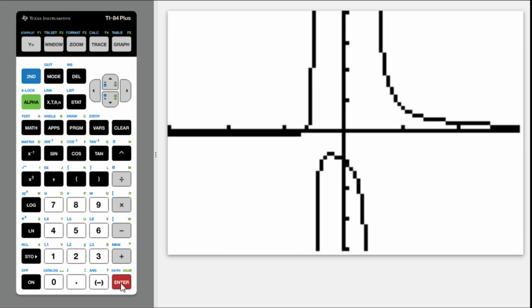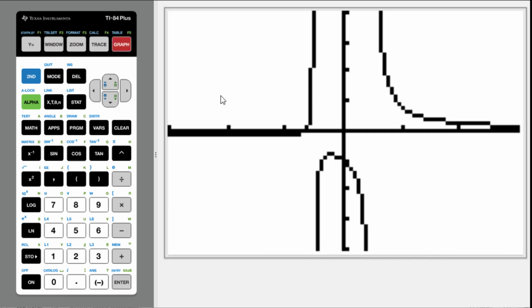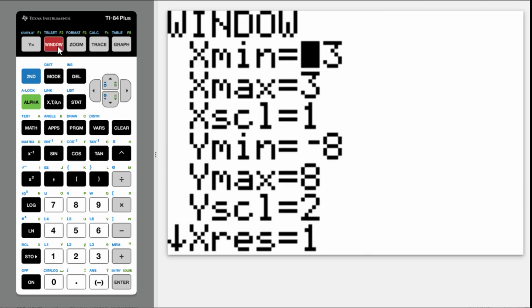Enter. We will get the maximum value. It's negative 0.226 and negative 1.66. We also need to check what's going on in this part. So we need to change the window. For x, we don't have to change.